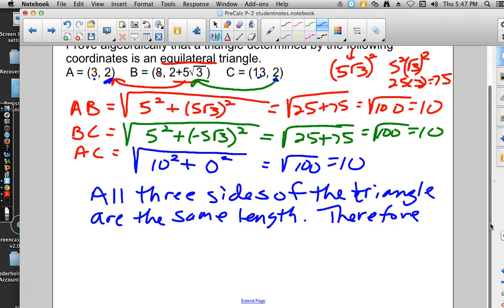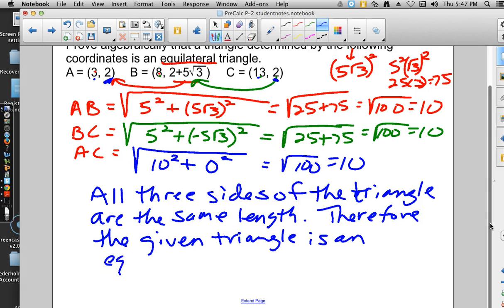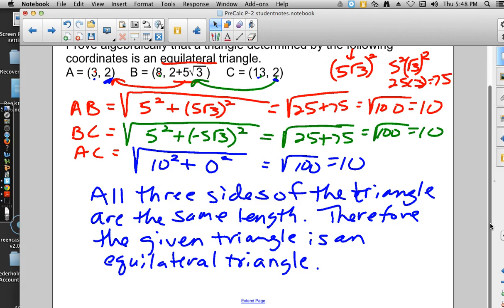Therefore, the given triangle is an equilateral triangle. Oops, not trinagle. Oh, I'm having trouble spelling. There we go. All three sides of the triangle are the same length. Therefore, the given triangle is an equilateral triangle. Cool.